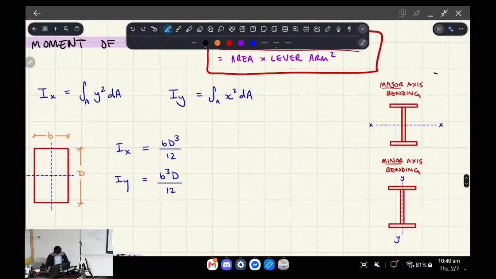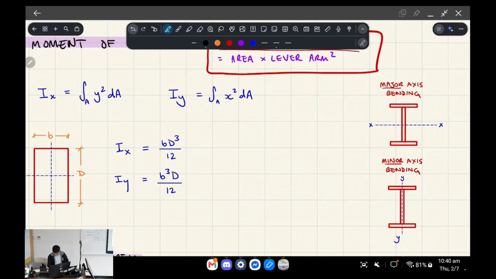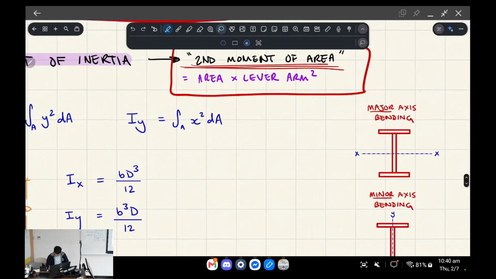And as I briefly mentioned before, you would have major or minor axis bending. For example, for a steel beam, which might have this I shape, if you applied a force like so, it's bending around this axis, the XX axis.